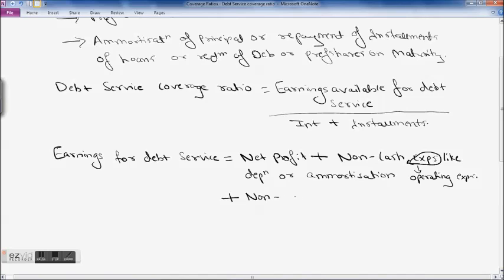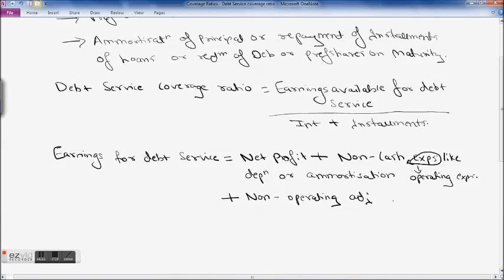Plus non-operating adjustments, like loss on sale of assets. Now loss on sale of asset is not a transaction which takes place regularly, and that's not the main operating business of the firm.